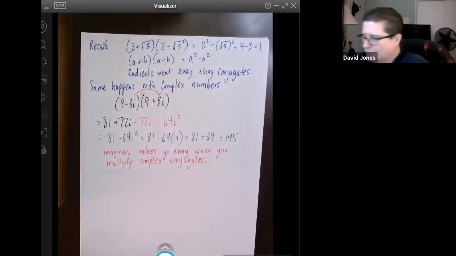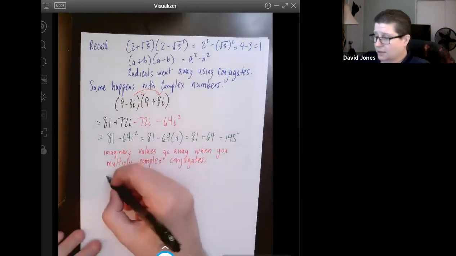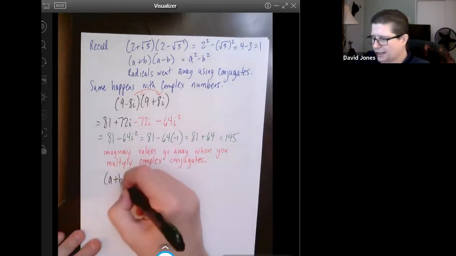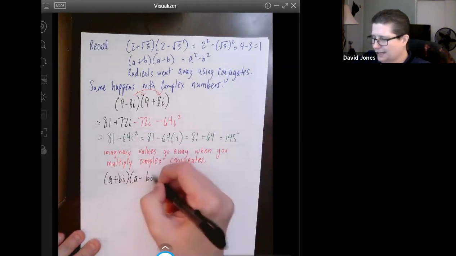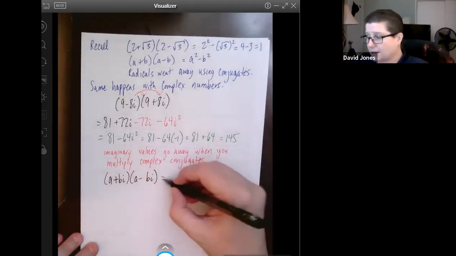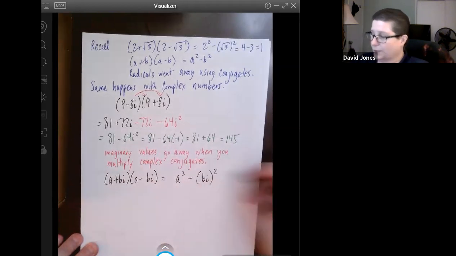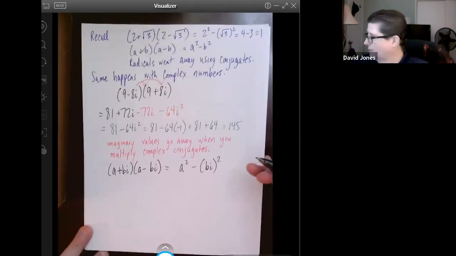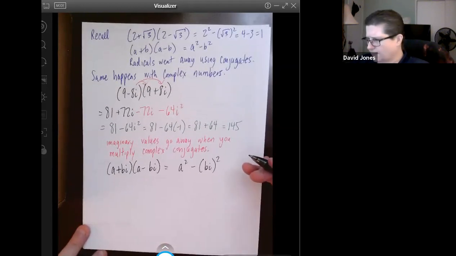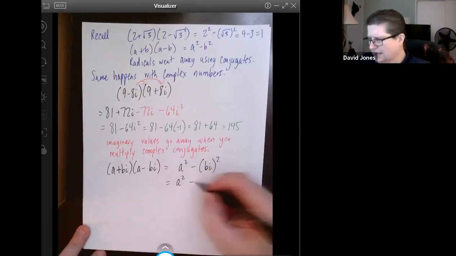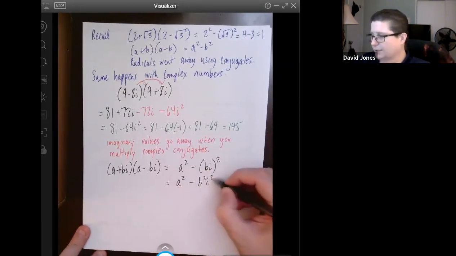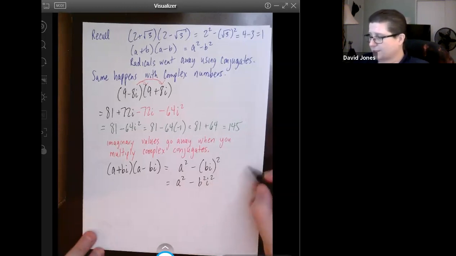I don't know that the formula helps you any more than the difference of squares one now, but it follows directly from difference of squares. So if I do a plus bi times a minus bi, and I do difference of squares, this is a squared minus bi, that in parentheses squared. But that's a squared minus b squared times i squared. And i squared is negative 1.